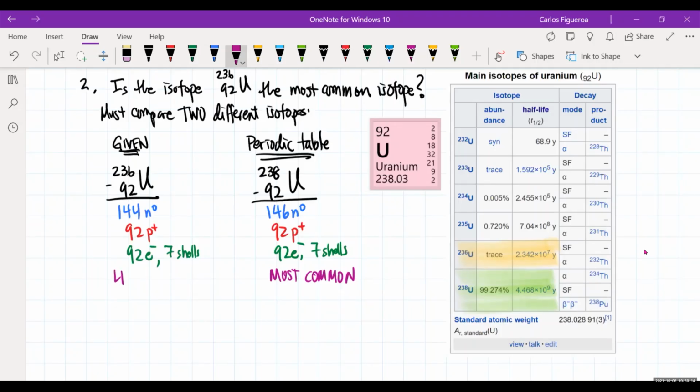Whereas this one is way less common. In fact, 236 was made to be the first bomb, and so you had to manufacture it. So my point here is that just by looking at the row number and saying it's in the first four or after that, it's complicated. It's not so easy for the isotopes.